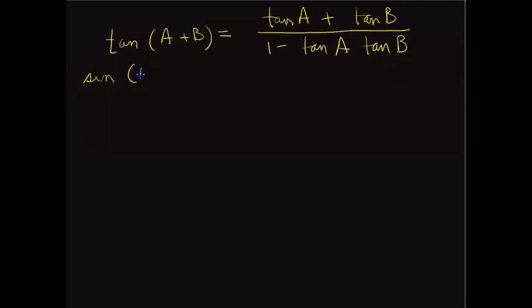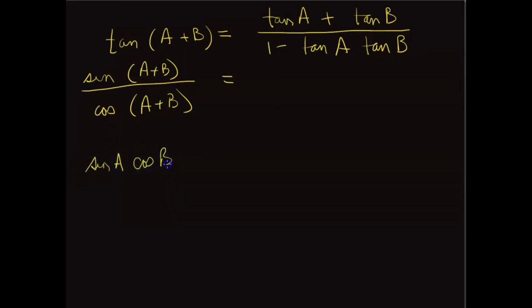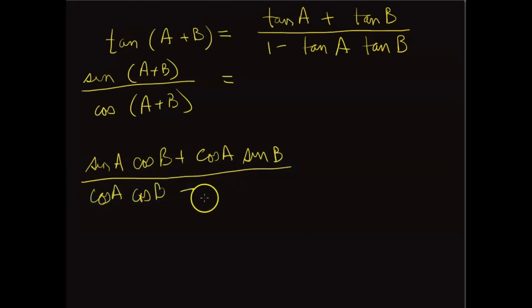This is the sine of a plus b over the cosine of a plus b, because that is our ratio or quotient identities. The sine of a plus b is the sine of a cosine b plus cosine a sine b, over the cosine of A plus B, which is cosine A, cosine B minus sine A, sine B.